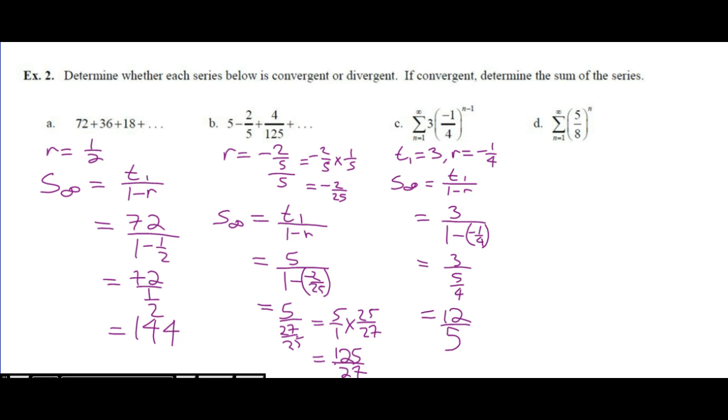It's written in a slightly different form. So what's T1? 5 over 8. And what's r? So you could generate a couple of terms of this if you wanted to.